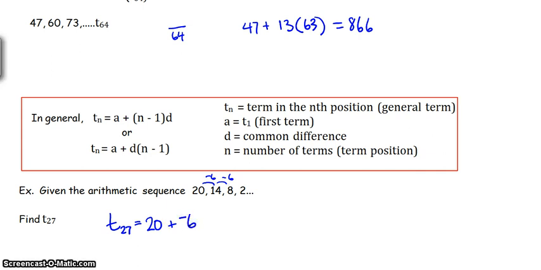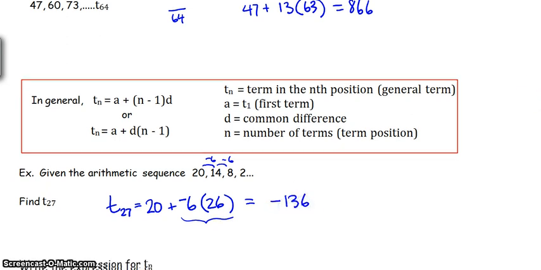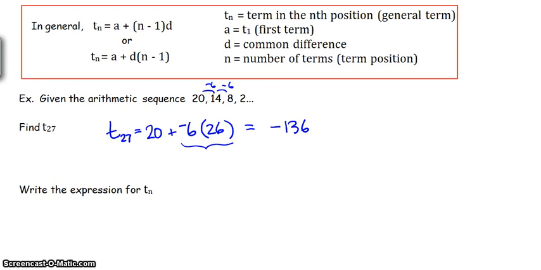That means my common difference is negative. And since I'm finding the 27th term, I'm adding that common difference 26 times, or n minus 1 is 26. I plug that into my calculator, making sure order of operations comes first, and I get -136.